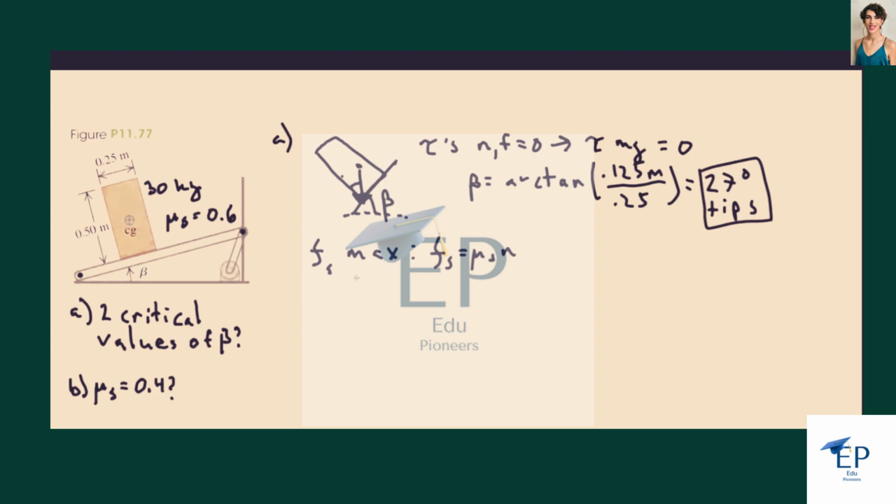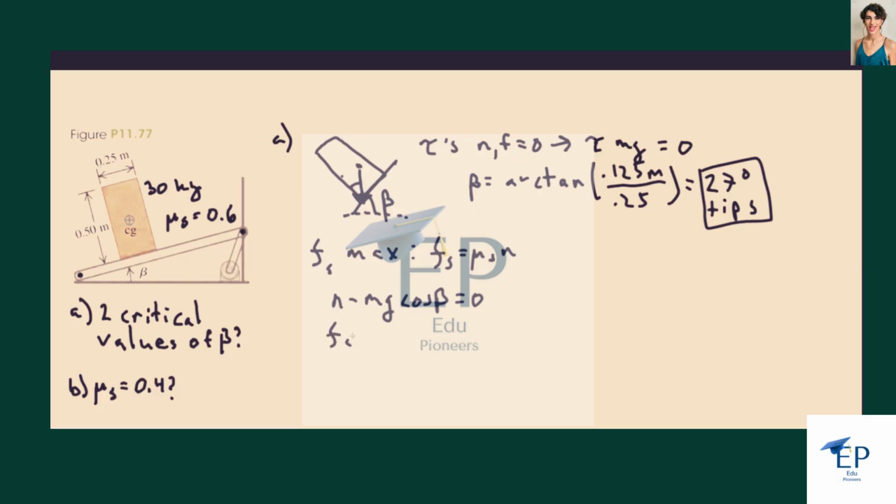So in the y direction, we're going to have that the normal force minus mg cosine beta is equal to 0.